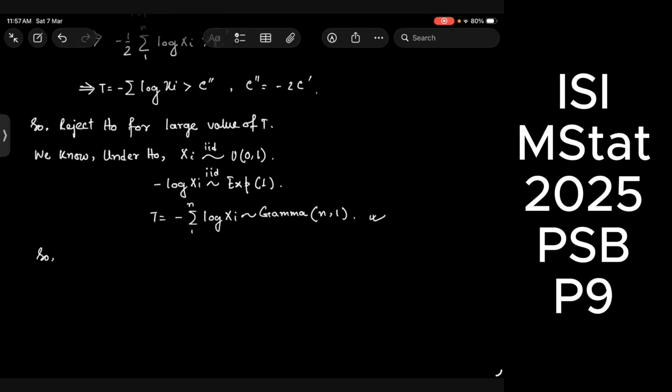So you are saying alternatively, what we can do is your chi-square 2, right? Correct?